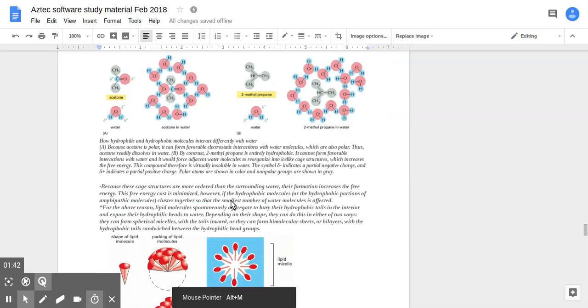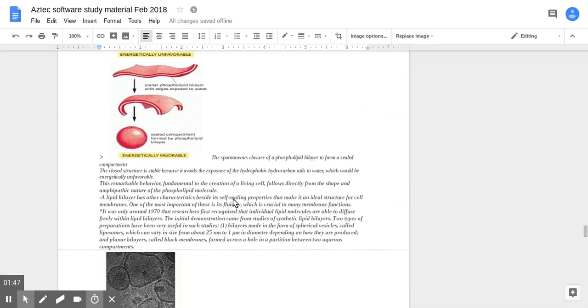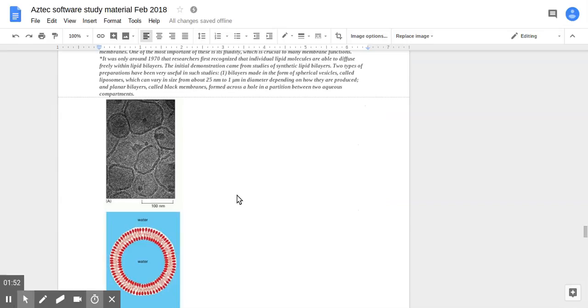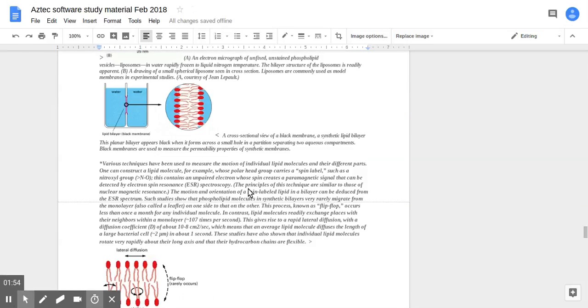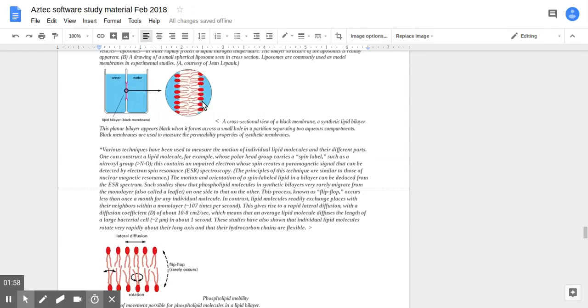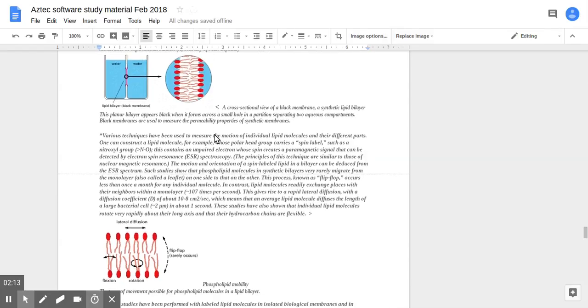So based on the structure of the phospholipid molecule, the bilayer forms into its shape because it is more energetically favorable for the hydrophobic tails to attract one another and the hydrophilic heads to turn away from the hydrophobic parts.